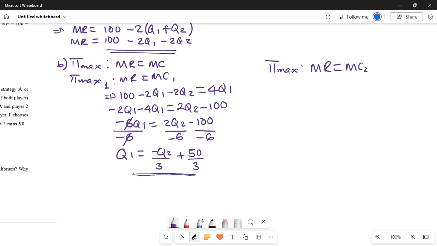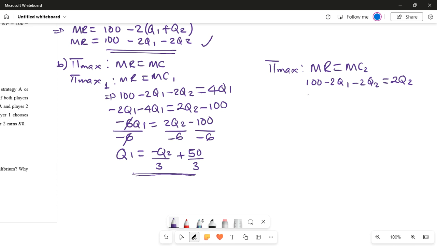So the marginal revenue function is the same one here: 100 less 2Q1 less 2Q2 is equal to, now we've been told in the statement that the marginal cost of producing at facility number 2 is 2Q2. So we do the same steps just as we've done previously.